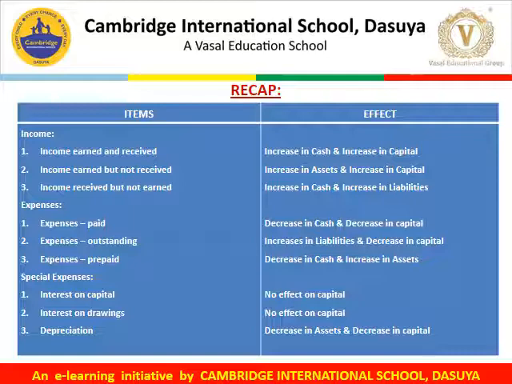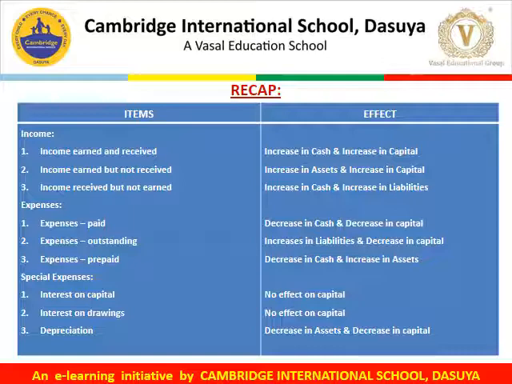Then there are some special expenses which we have discussed in the previous slide. Number one is interest on capital. Since interest on capital is not paid to the proprietor, it will have no effect on the accounting equation.